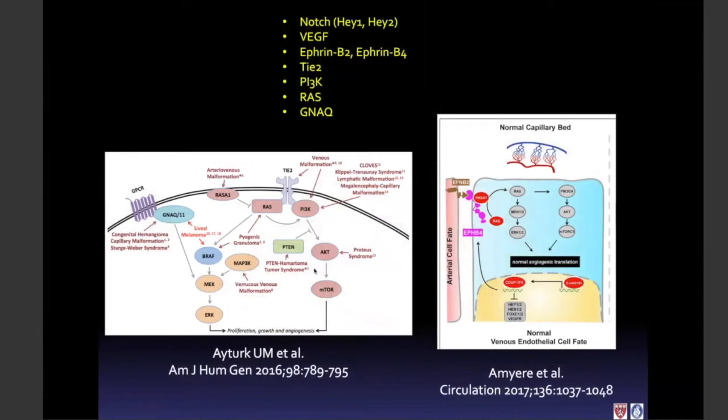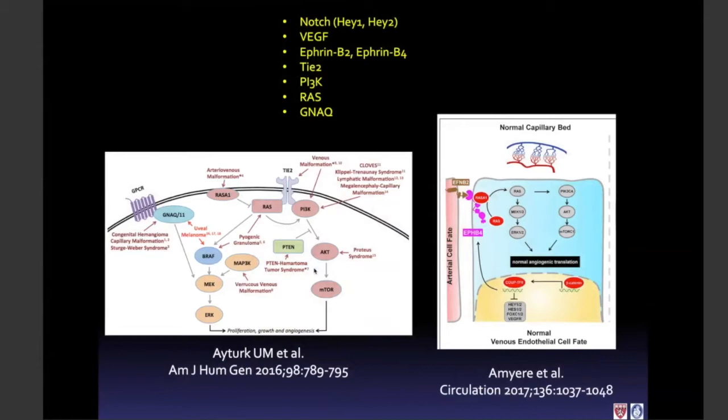I want to mention, very parenthetically, there's been lots of very interesting research. It's clear that there's a complex genetic network underlying all of this. Lots of genes have been identified as players in this, not just in vein of Galen malformation, but in lots of other cerebrovascular entities.